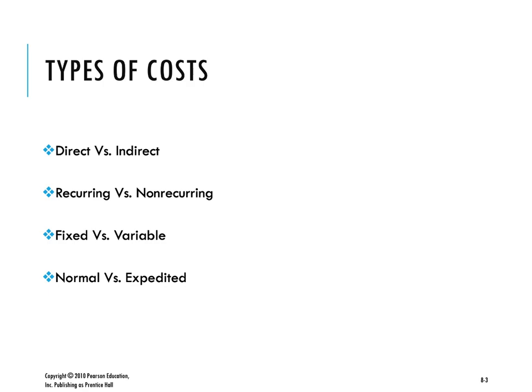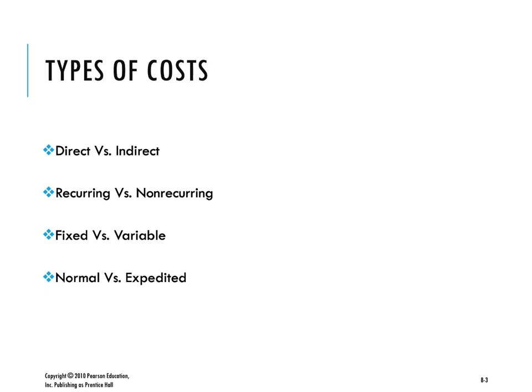Recurring could be renting another office space. Fixed, variable: fixed could be the lease of the building. Normal, expedited: when you do a certain project, you will need hardware or software. Normal delivery is quite a bit cheaper than express delivery, that's where expedite comes in.